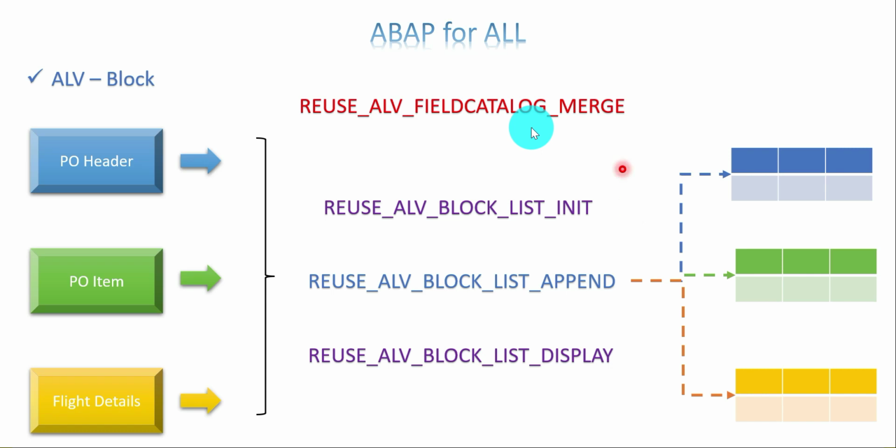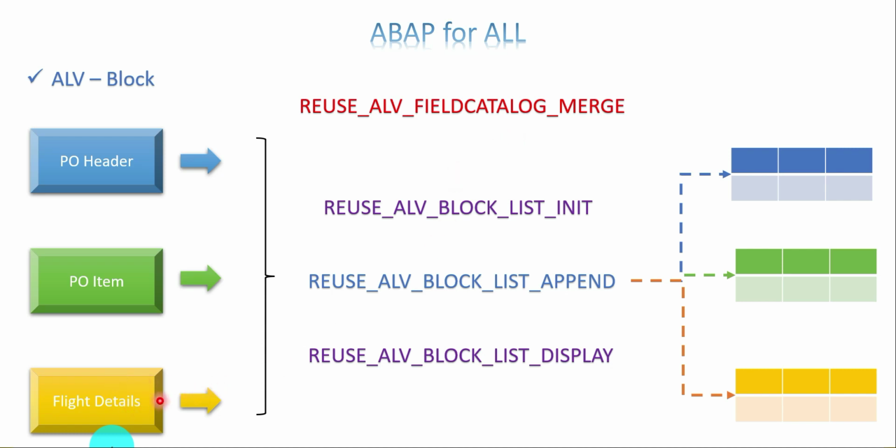And one more is merge. Merge is going to use this kind of structure because it's very simple. I don't want to create a field catalog for every field. If you want a field catalog, you have to mention the column position, text and everything. Instead of that, I want to create a field catalog based on the structure. So I'm going to display the SCAR information.